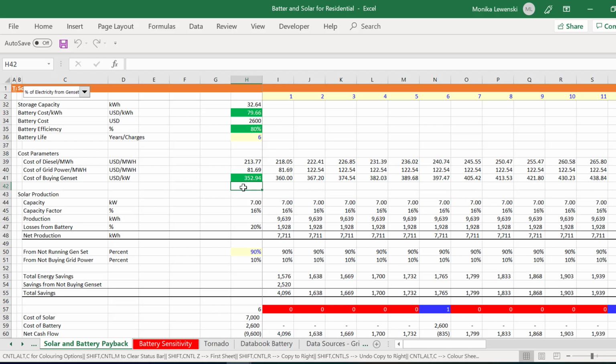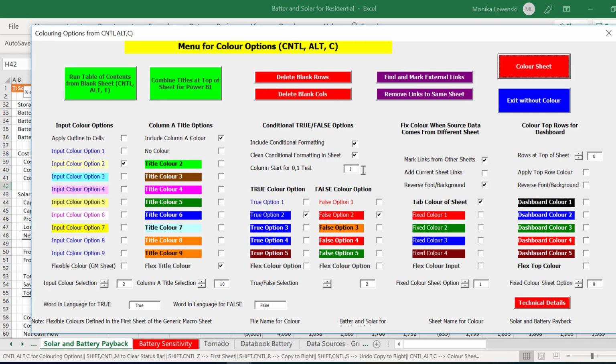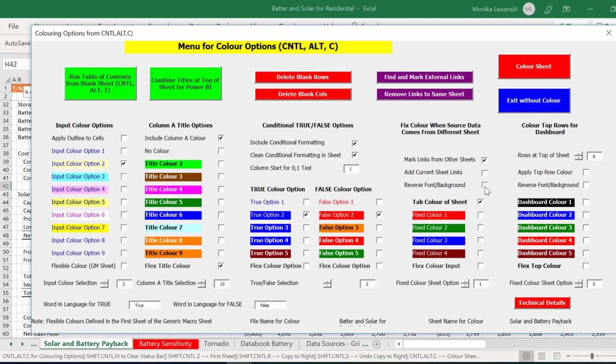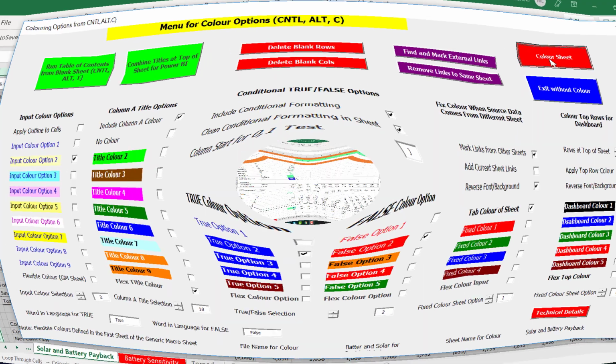If you press Control Alt C again and you don't reverse the tab color background, then you can hardly see it. So I hope you understood what I meant by this reversed color background.